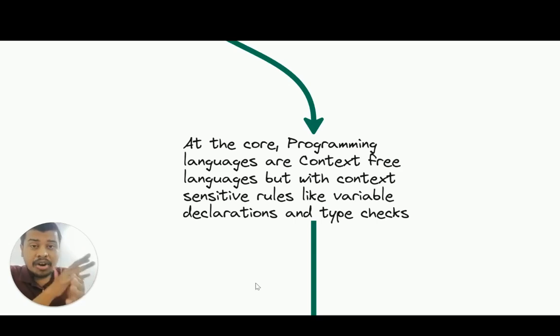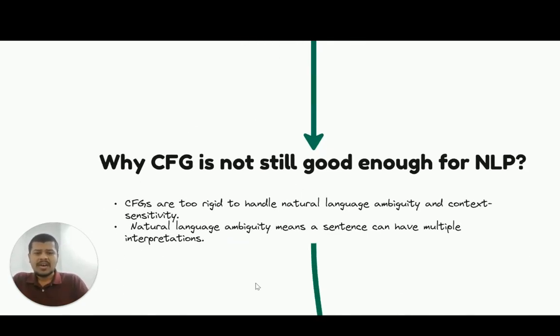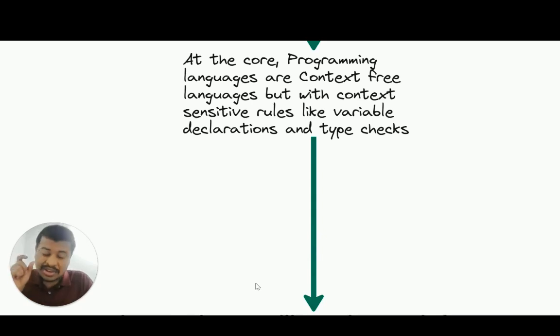But the C programming language was invented only in the year 1972, meaning they had a lot of time to improve the CFG further and come up with a perfect programming language compiler, right? So they added a few extra context-sensitive rules and syntax rules to make it more comprehensive and make the whole programming language usable for us for giving instructions to computers, right? Now we'll see why CFG, even after adding these kinds of context-sensitive rules, is still not enough for NLP.